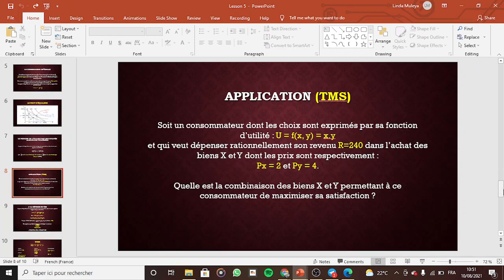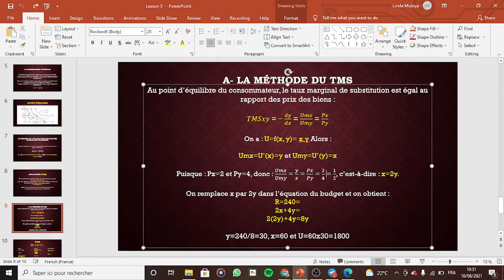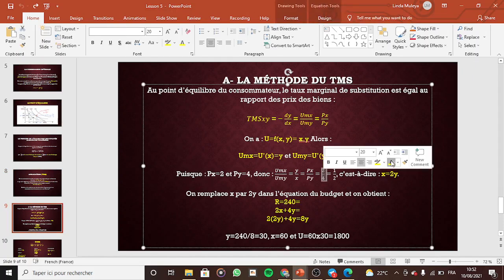Alright, so when we first began to apply TMS, we used the first method where we were talking about using the price of our goods to make a ratio and then find the answer. So in this case, our revenue was 240 and the prices of goods were 2 and 4. So we applied our TMS using the prices of the goods to have our ratio 2/4, which gave us in the end 1/2.